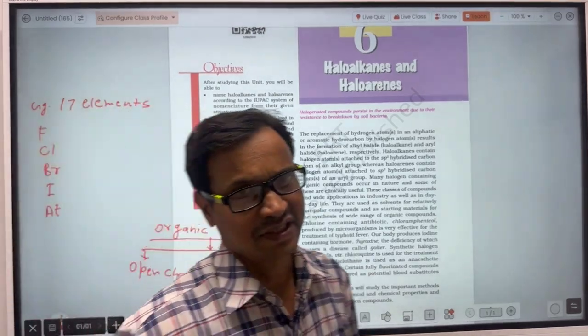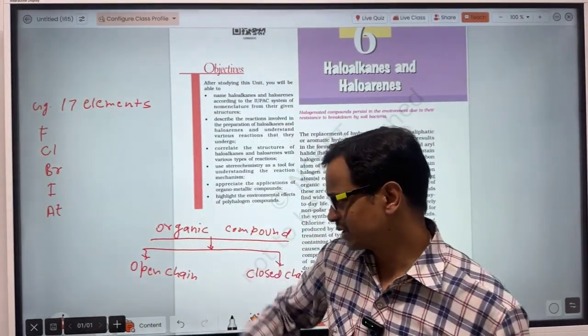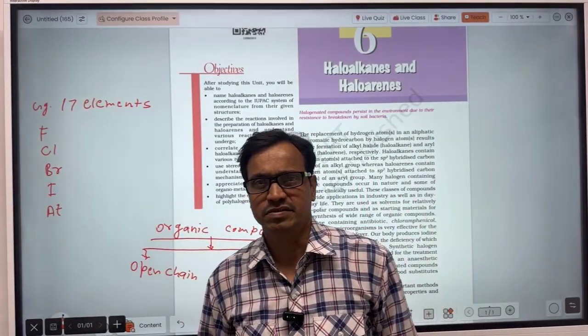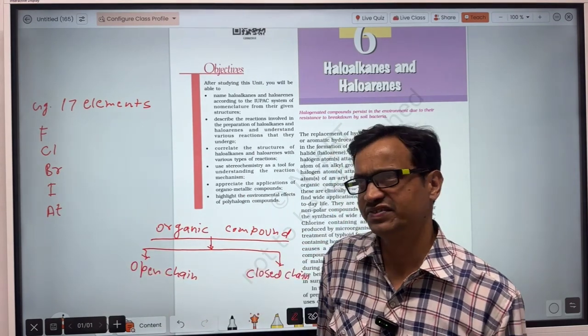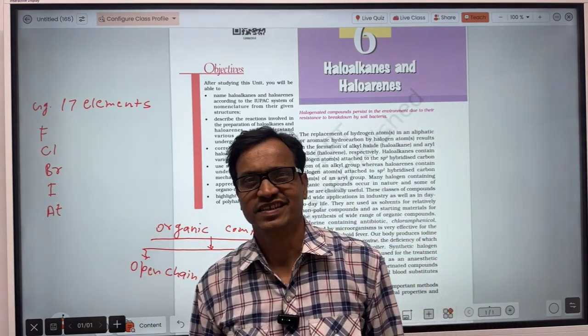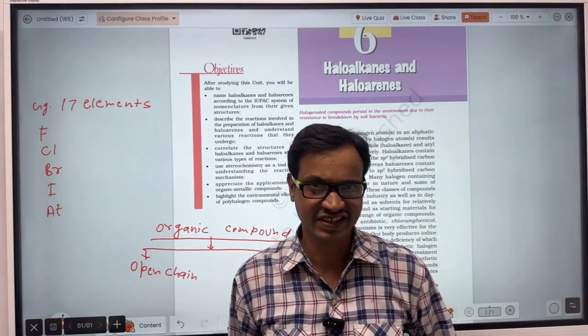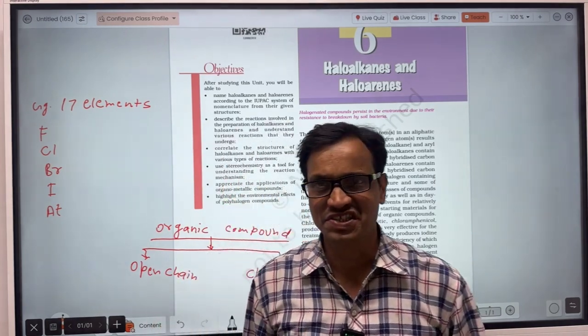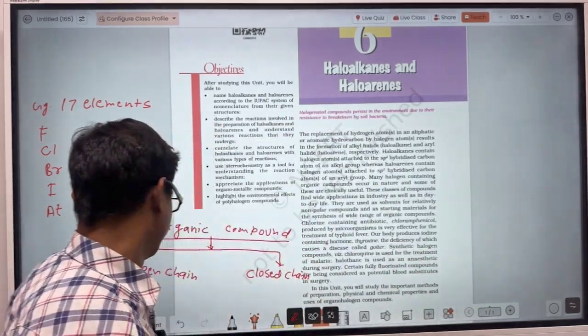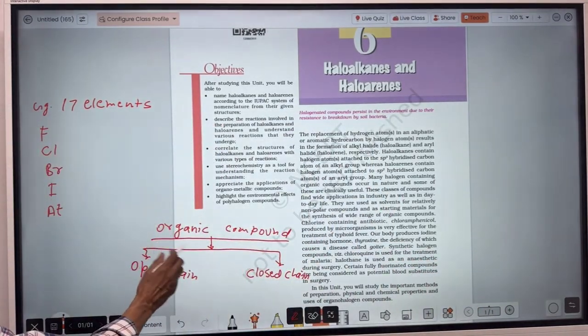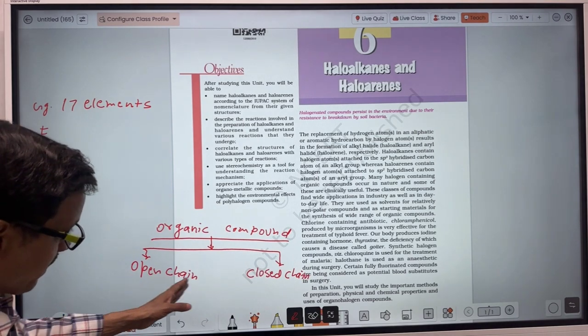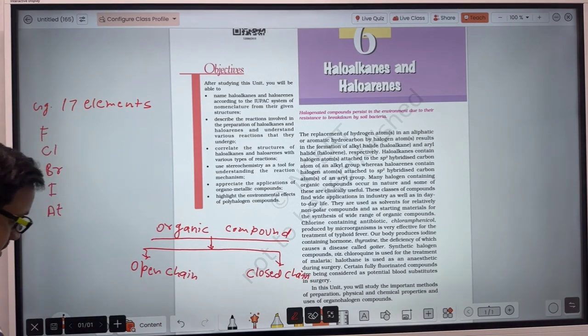I am teaching you this here because in the 12th board examination the question will not be asked from here, but if you do not have the idea of this, then you will feel difficulty understanding this chapter. So firstly, the organic compound is divided into open chain and closed chain.